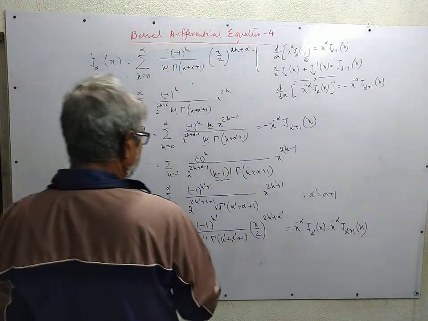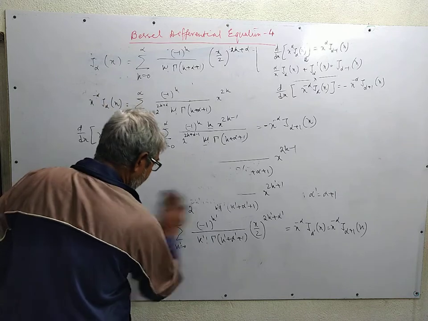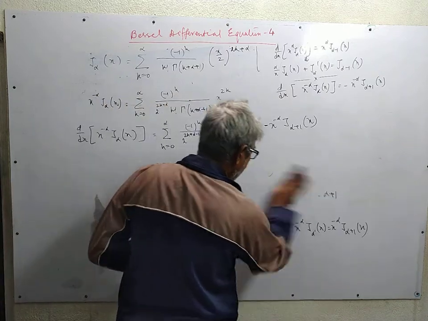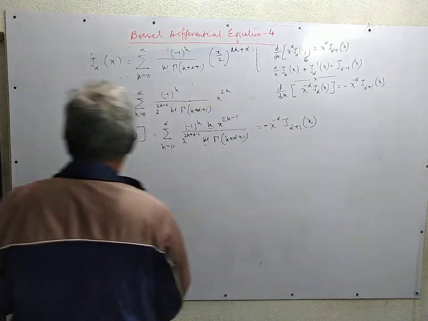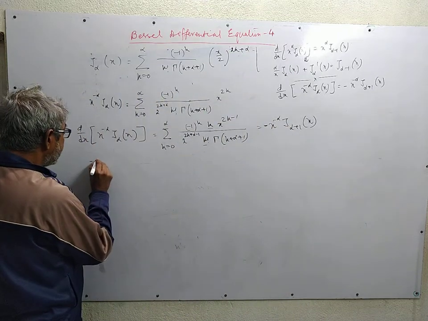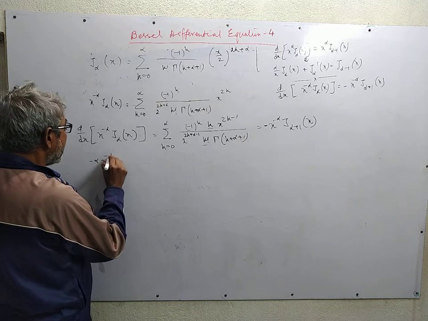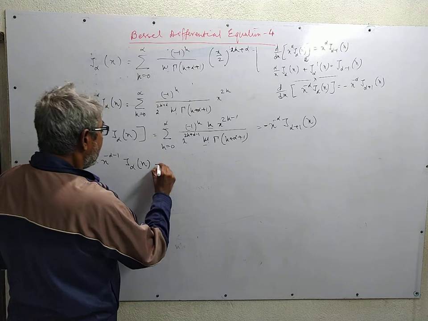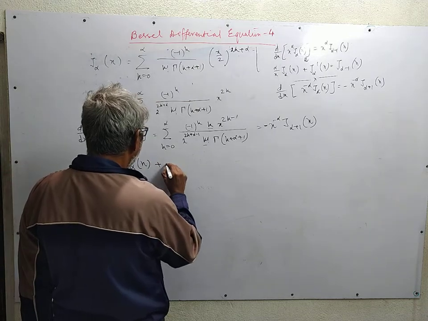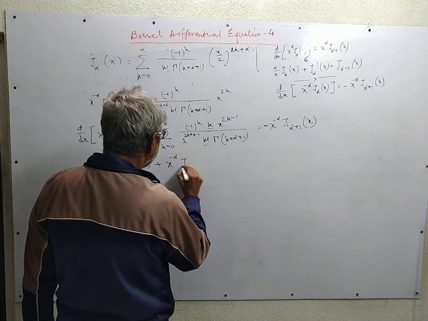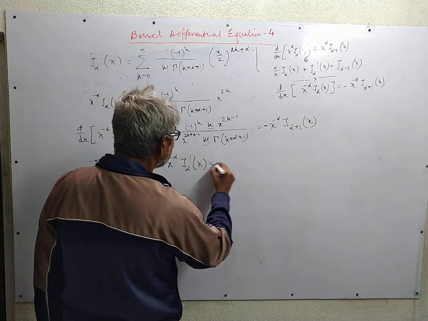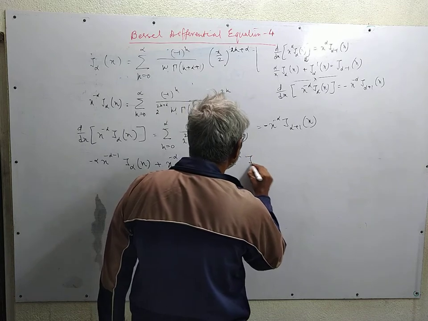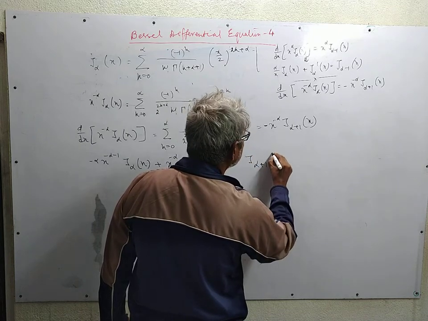Now if we differentiate the left hand side, we get minus alpha x to the power minus alpha minus 1 J alpha of x plus x to the power minus alpha J prime alpha of x is equal to minus x to the power minus alpha J of alpha plus 1 of x.